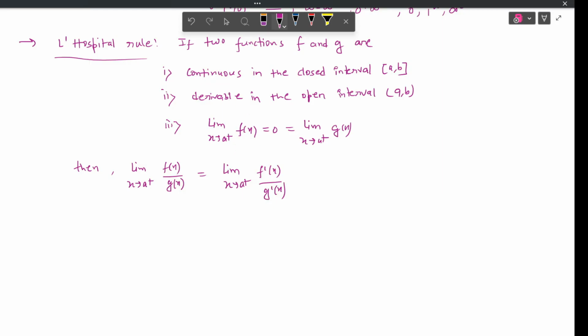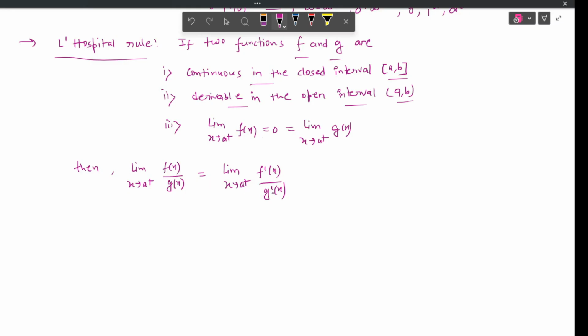So this is the statement of L'Hospital rule: the functions f and g should be continuous in the closed interval a comma b, derivable in the open interval a comma b, and if the limiting values of both functions are 0, then we can write this as f dash x by g dash x, that is, we have to do the first derivative.